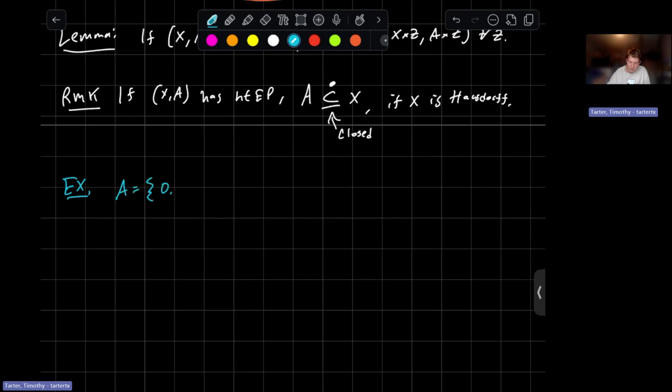So if A is the set 0, 1, 1 half, like 1/3, I guess I should clarify, 1. There is no continuous retraction.